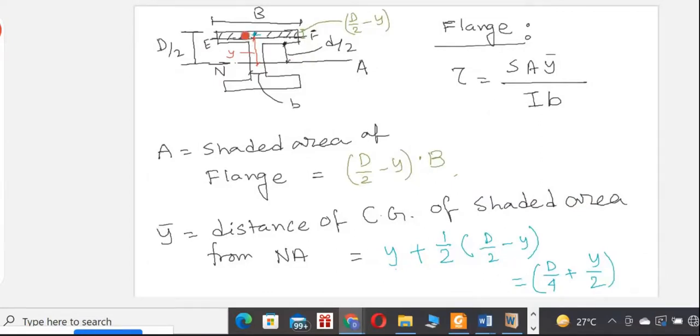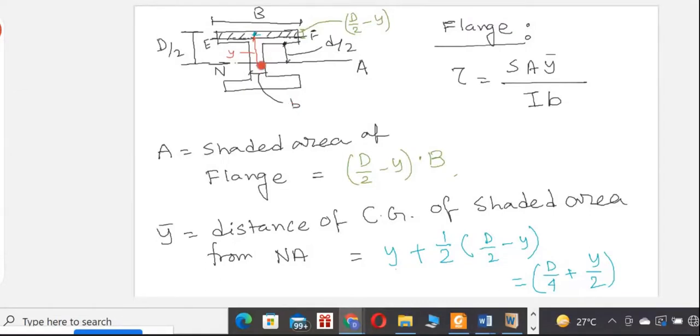What will be the two y values for this flange? How will the y value vary? Yes, please answer. Sir, capital D by 2 and small d by 2. Capital D by 2, small d by 2.